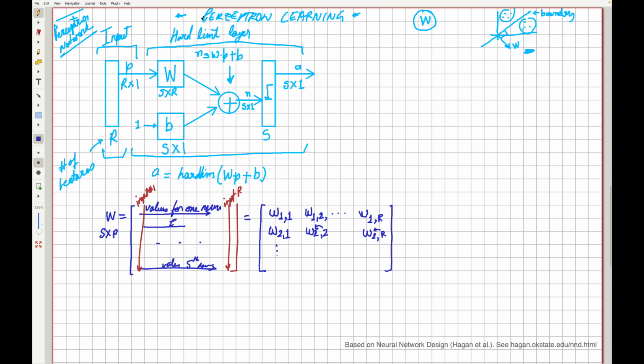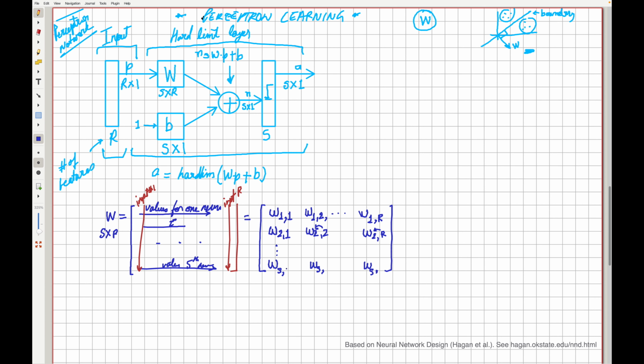And finally, if we go to the very last row in this W, this is going to be represented by S comma, and that is because this is going to be the Sth neuron that is there, and again this neuron would be connected to all the R inputs that we have seen in the above rows.